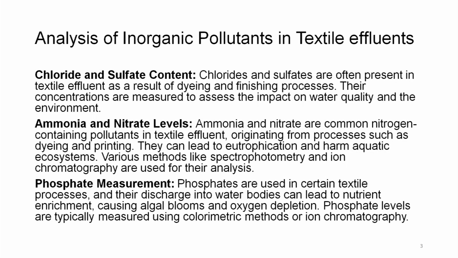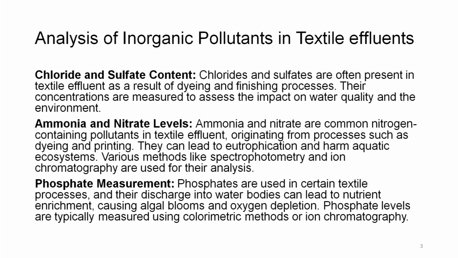Chloride and sulphate. Chloride and sulphate are often present in textile effluent as a result of dyeing and finishing processes. Their concentrations are measured to assess the impact on water quality and the environment. Ammonia and nitrate levels.